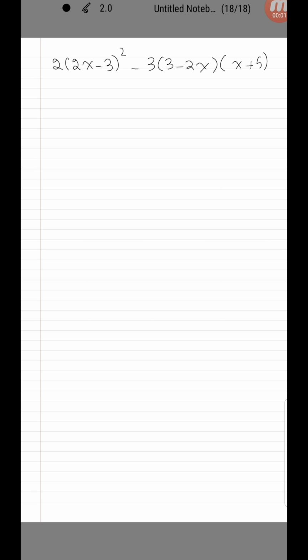Now for our final exercise, let's try to factorize this expression. I have 2x minus 3 squared minus 3 minus 2x, x plus 5. In the first term I have 2x minus 3. In the second term I have 3 minus 2x. Now I can change 3 minus 2x into 2x minus 3 if I take minus as a common factor.